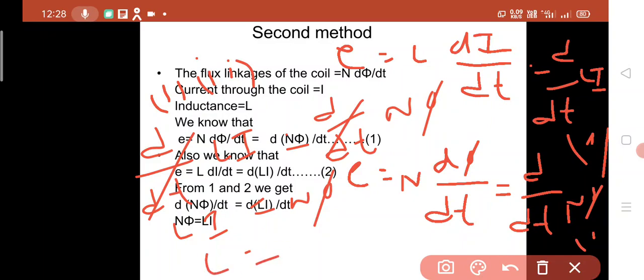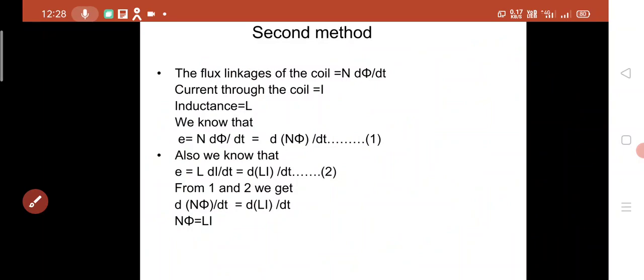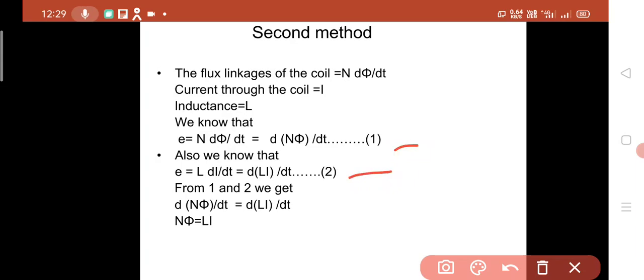So L is equal to N phi by I. Units is Henry. This is the second method. From equations 1 and 2 we got N phi is equal to Li, so L is equal to N phi by I, in units of Henry.